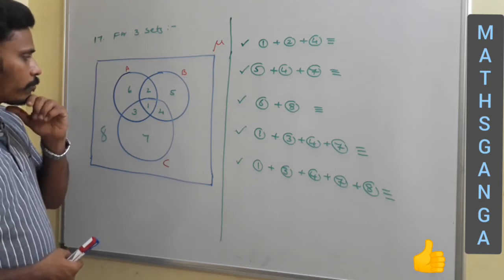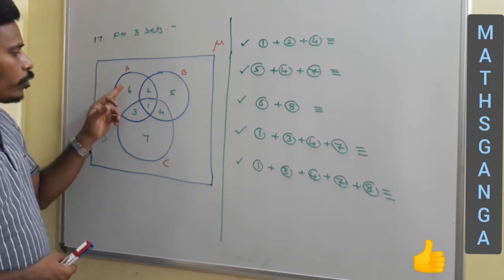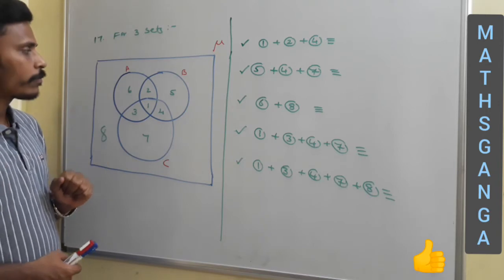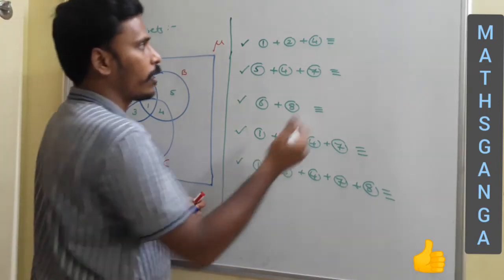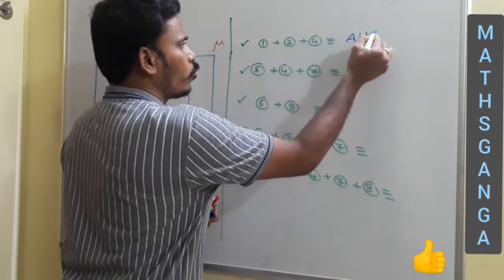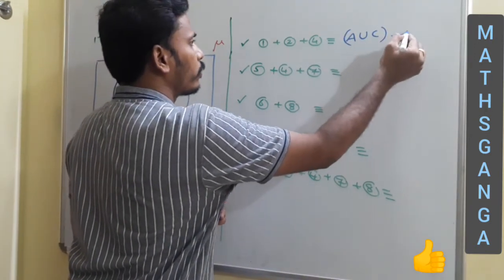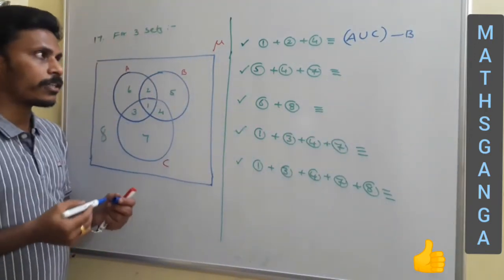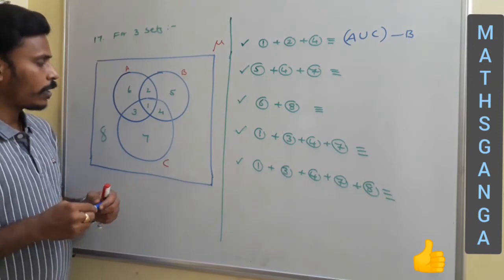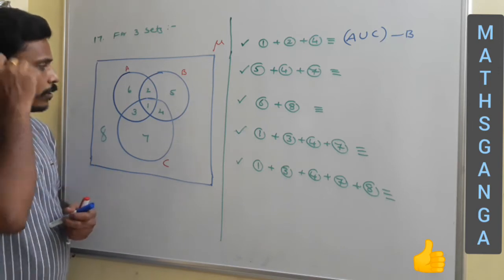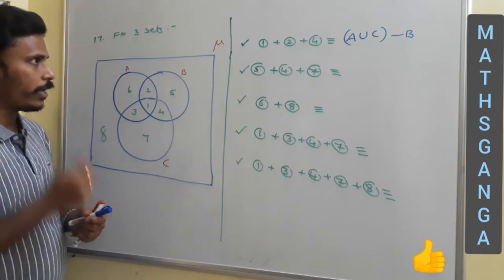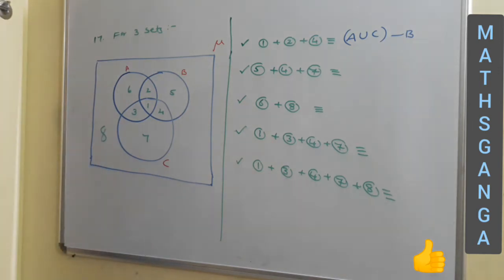If I say A union C, what will I get? I think this is A union C minus B. A union C minus B means in sets A union C and not in B. Okay, that doesn't work actually.